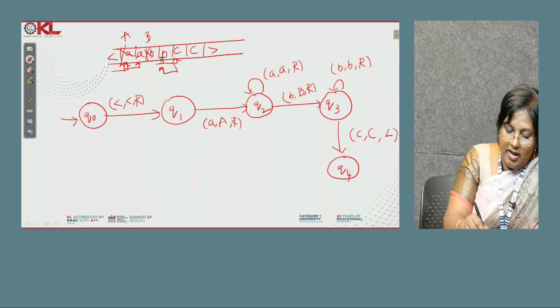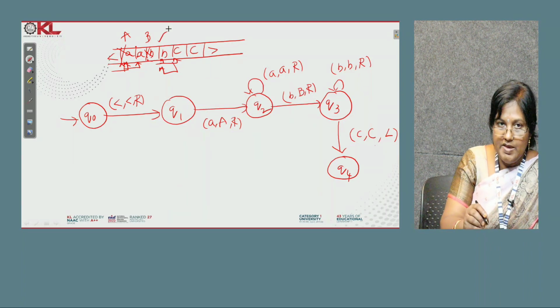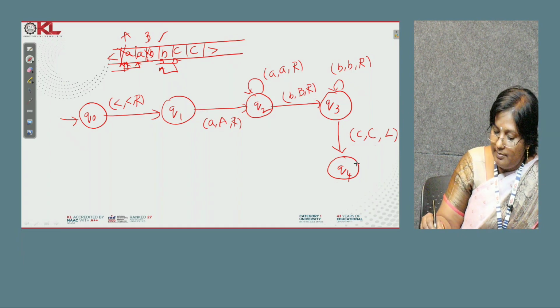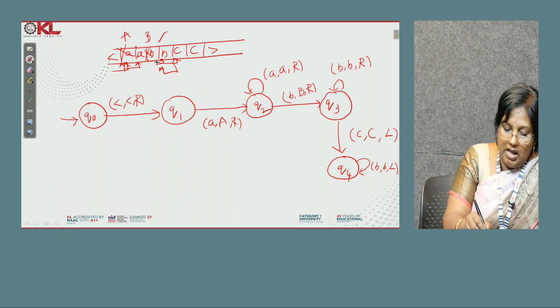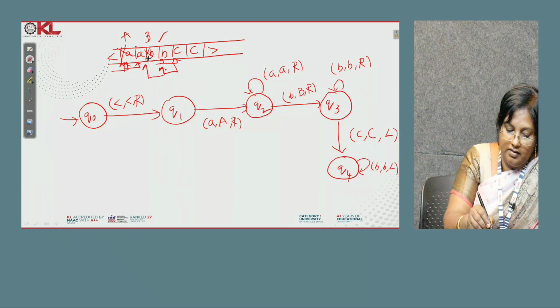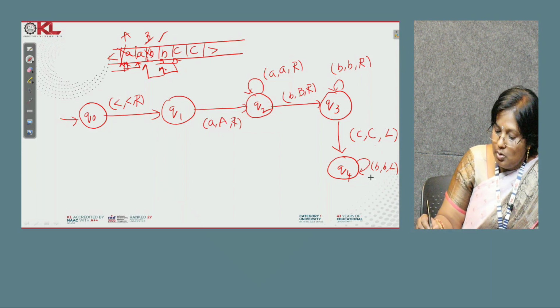Now whenever I turn left, the first symbol I find is b. You should not do anything, so I keep b as it is and move left. Now I found capital B. You should not do anything, keep capital B as it is and move left.